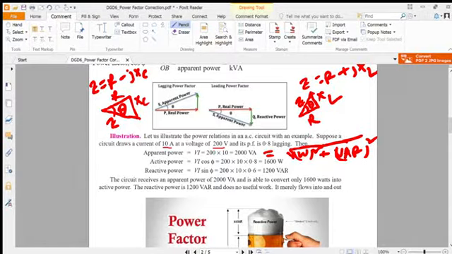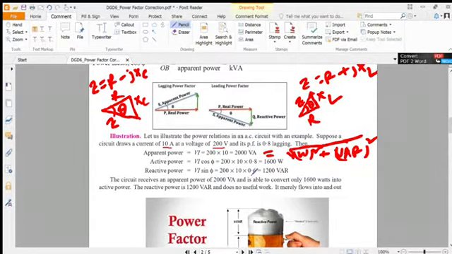If we do this, we'll get the same answer. Active power is VI cos theta, and reactive power is VI sin theta. We know the value of cos theta, so we can easily determine the value of sin theta. It's the square root of 1 minus cos squared theta.